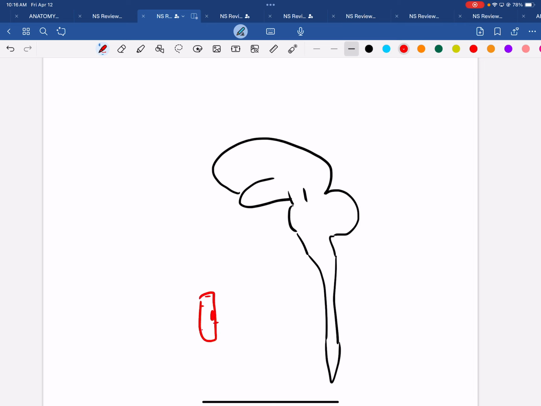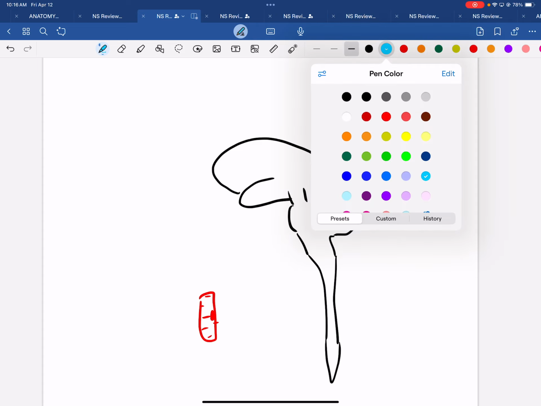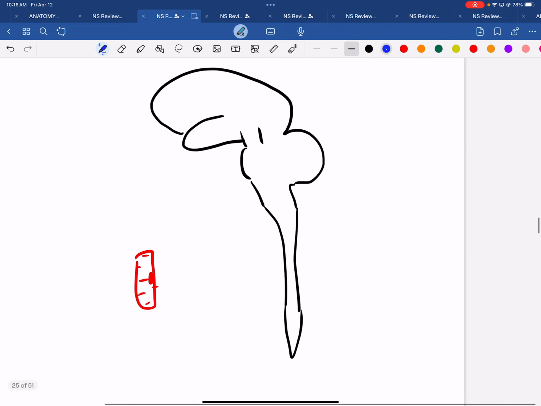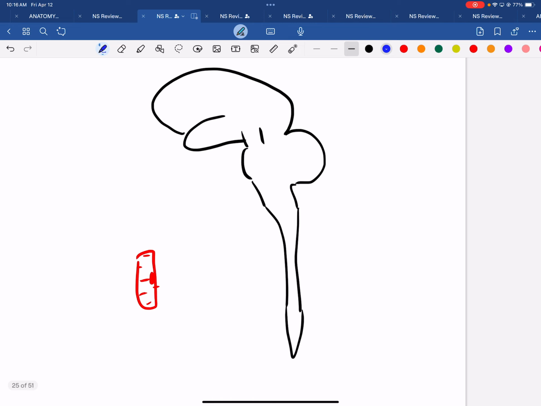Here's some skeletal muscle. Okay, if this line is the central sulcus, then what is this? Precentral gyrus. Good, the precentral gyrus. So that's the precentral gyrus.